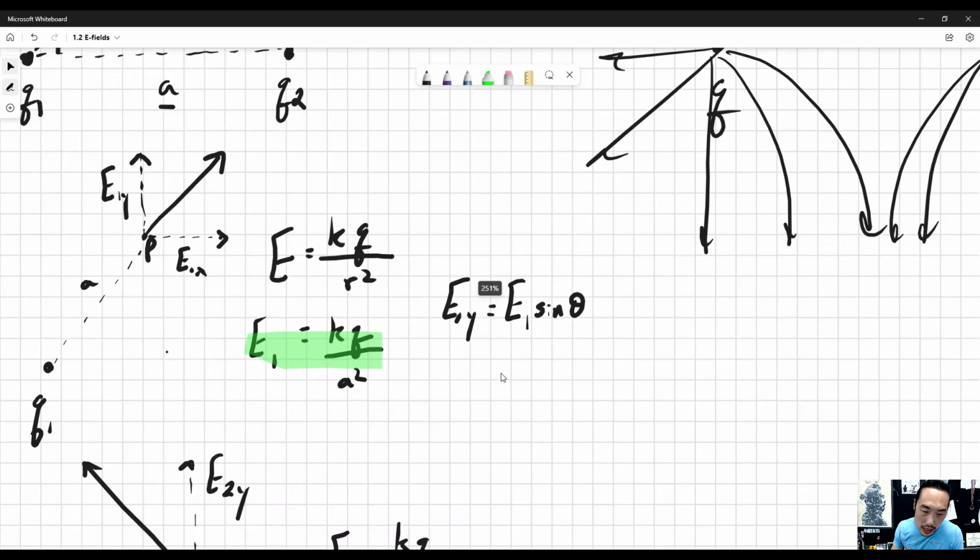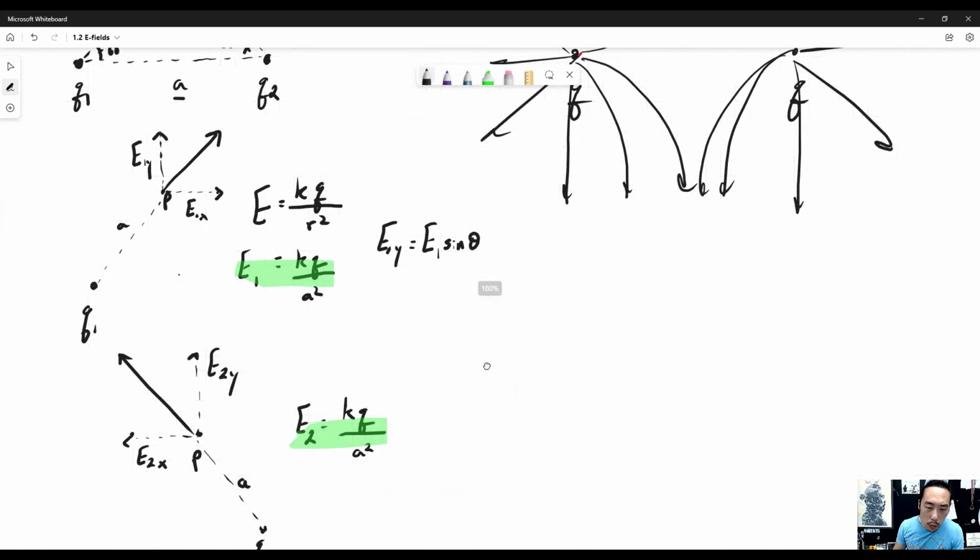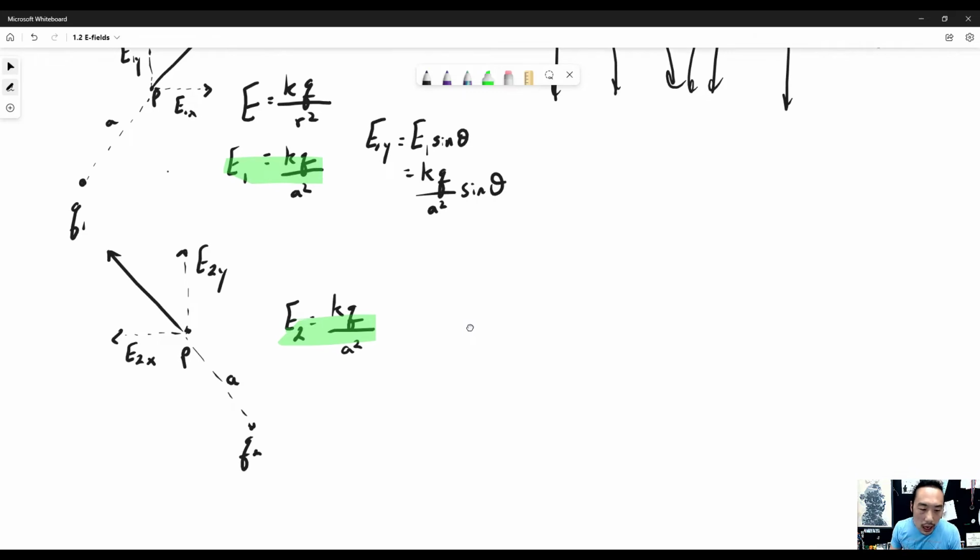In this case, our theta is 60. So we could write this as not E1, but rather KQ over A squared sine of theta. And the same is true for E2. So we can write E2y as E2 sine theta, or KQ2 over A squared sine of theta, where theta is in fact 60 degrees.